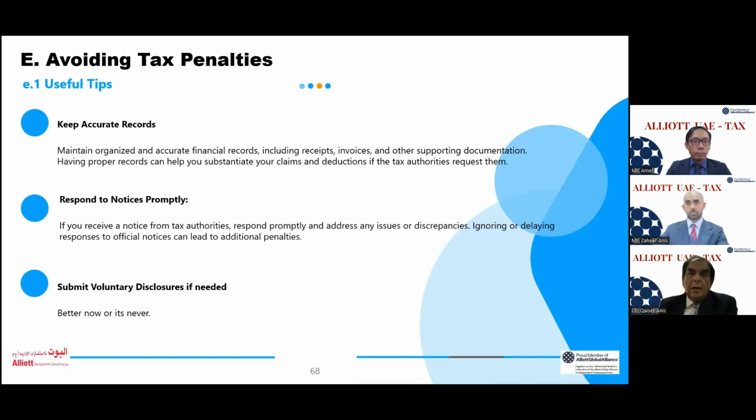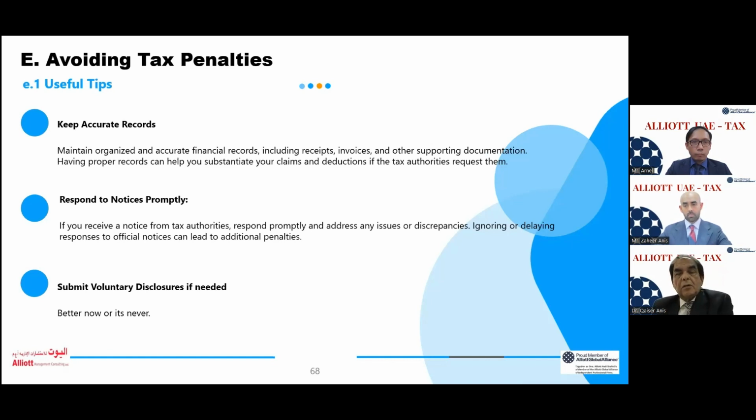so that's important. Keeping records, of course, as I said, records include the receipts, invoices, supporting documents. I even say all the accounting records which are in the software should be saved for at least as many years as is required.